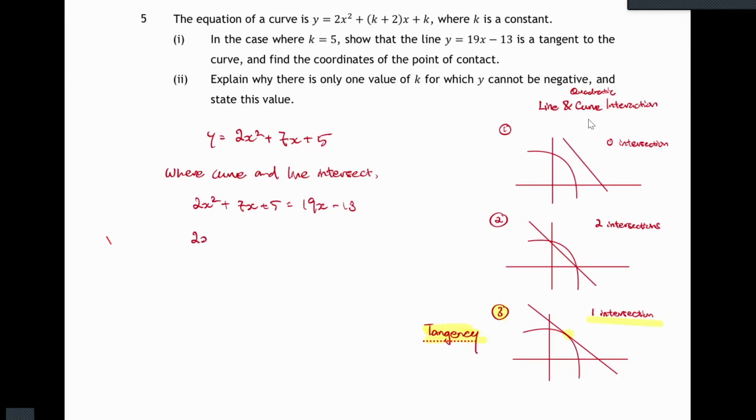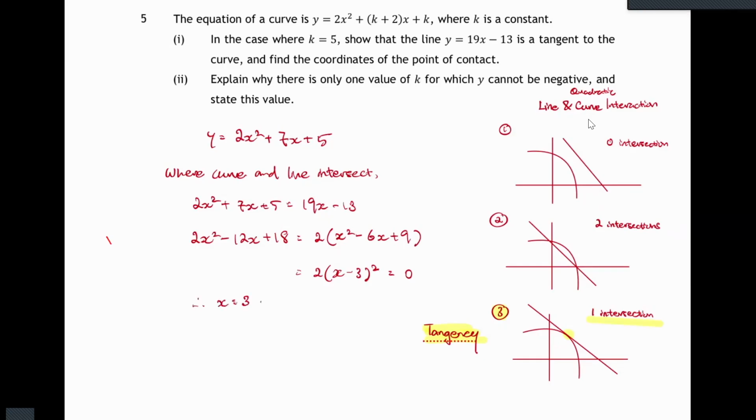We have 2x squared minus 12x plus 18 equals 0, which is 2 times (x minus 3) squared. If we attempt to solve this, we will just get x equals 3.